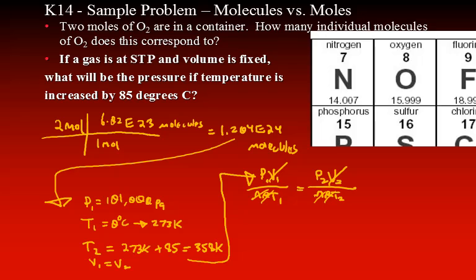Volume is the same for both sides, number of moles is the same for both sides, R is the same for both sides. And we end up getting this ratio between the pressure and temperatures. So pressure 1 over temperature 1 equals pressure 2 over temperature 2. We set that up, so pressure 2 should come out to be 132,446.9 pascals.